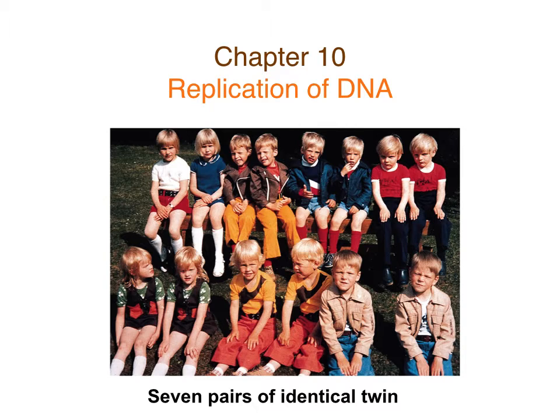So here you have a picture of a bunch of identical twins. In a human body, or at least in an adult, we have about 65 trillion cells. In most of our tissues and most of our cells in those tissues, we have nuclei, and within those nuclei we have our DNA.